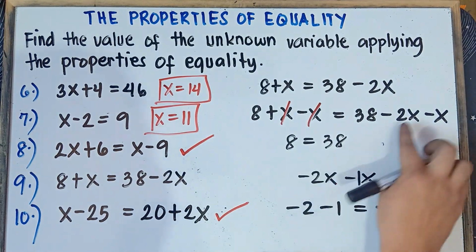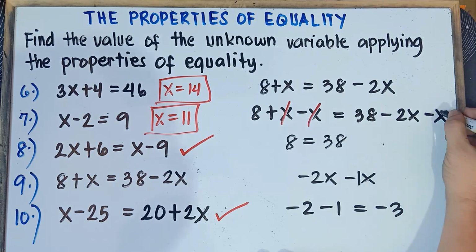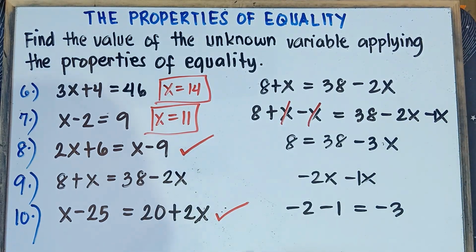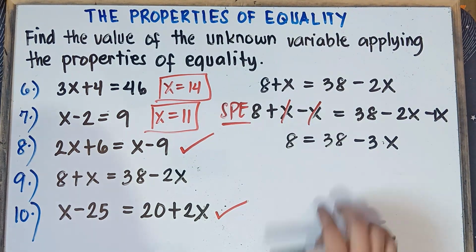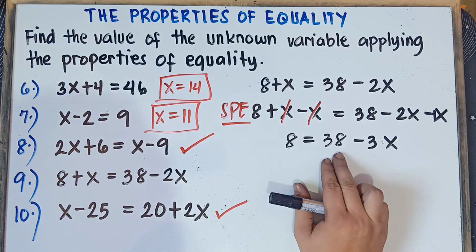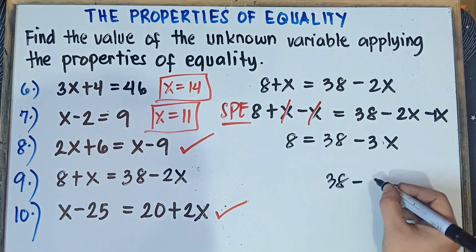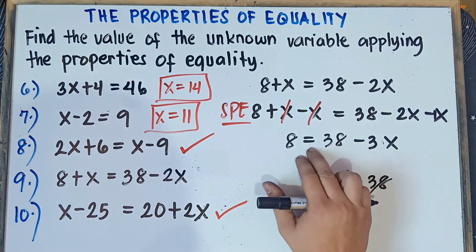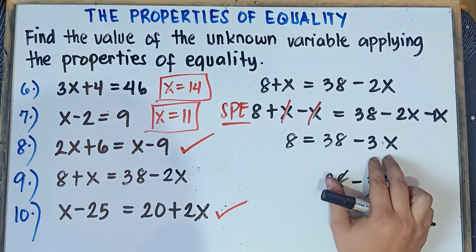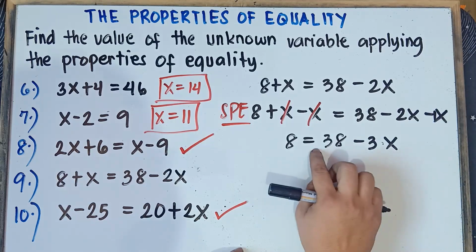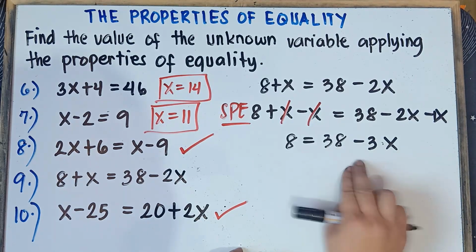So this will be 38, and then negative 2 minus 1 here, that would be negative 3, simply copy x. To get the value of x, we need to subtract both sides by 38 so that we can cancel this out, because 38 minus 38 would be 0, and the remaining expression on the right of the equal sign will be only 3x.